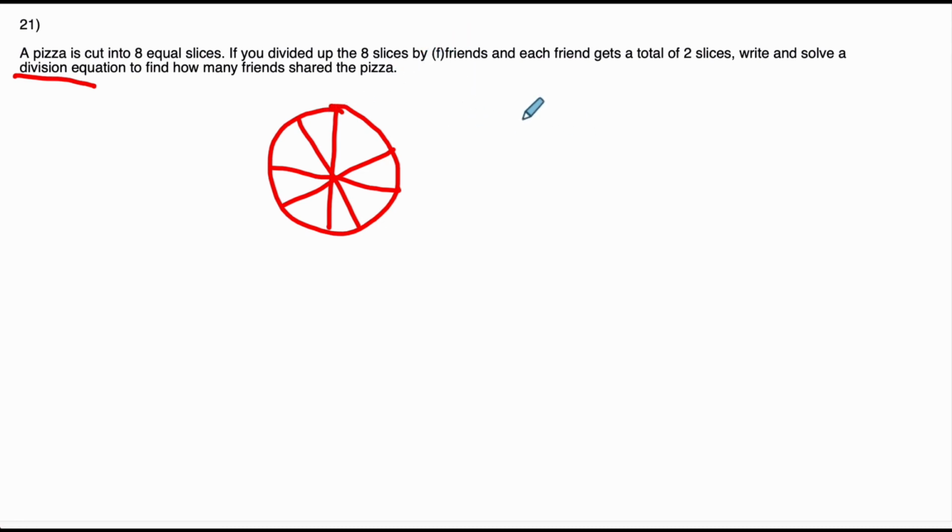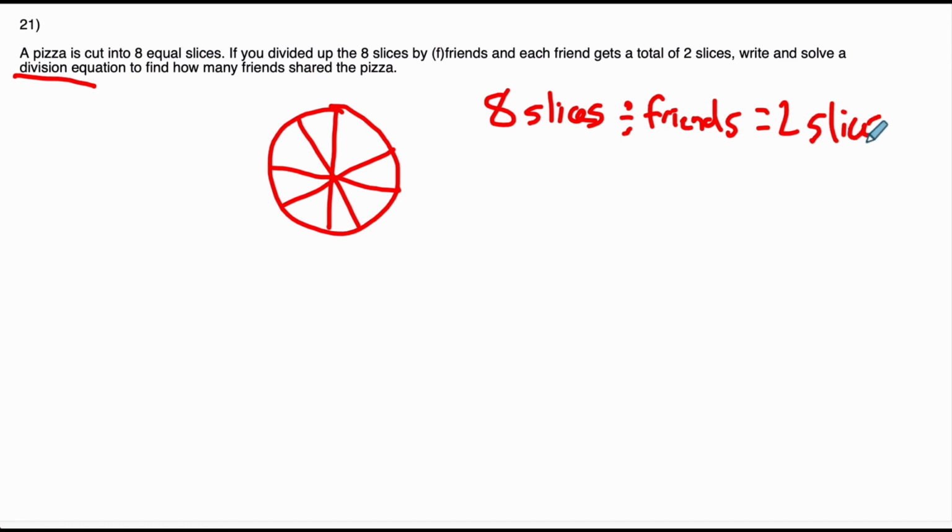So I'm not going to write the equation, but I'll get you started on the words. 8 slices divided by friends equals 2 slices per friend.